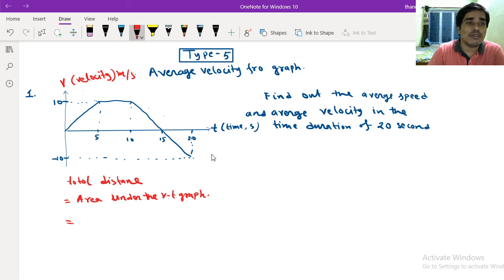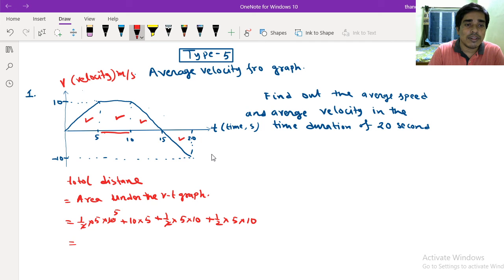So the total distance will be half into 5 into 10 plus, in this case it will be 10 into 5, and in this case it will be half into 5 into 10 plus, this is the negative portion, this will also be half into 5 into 10.